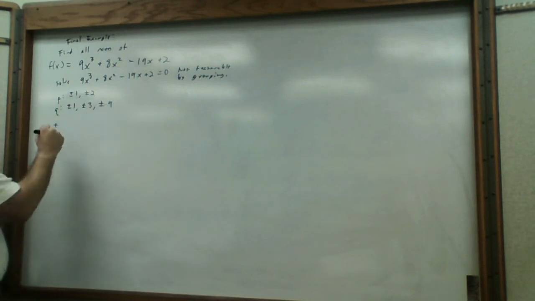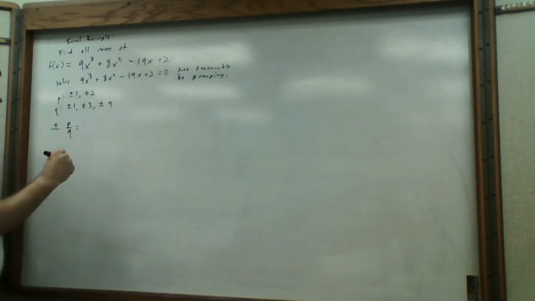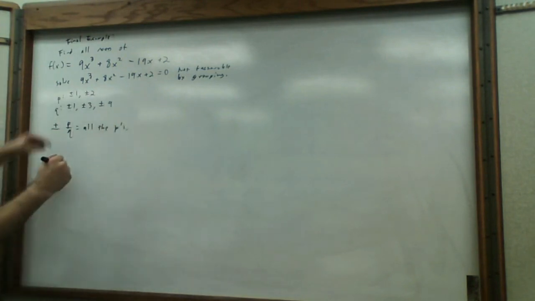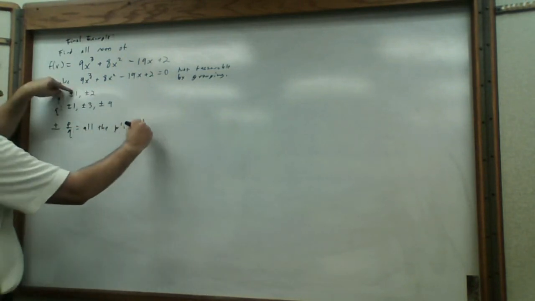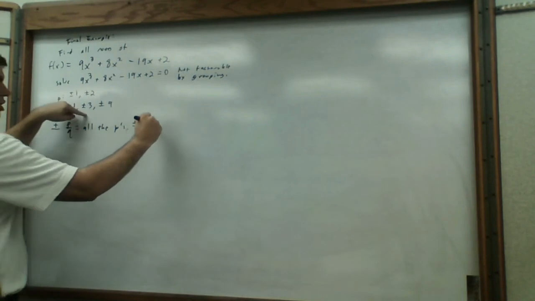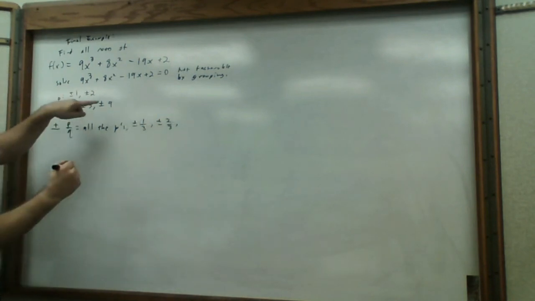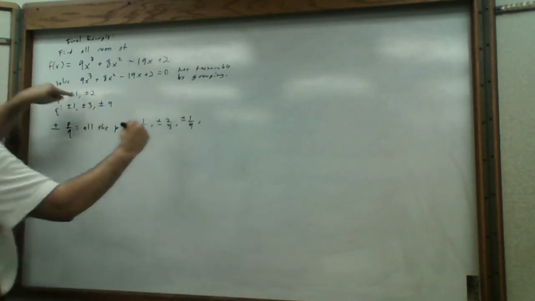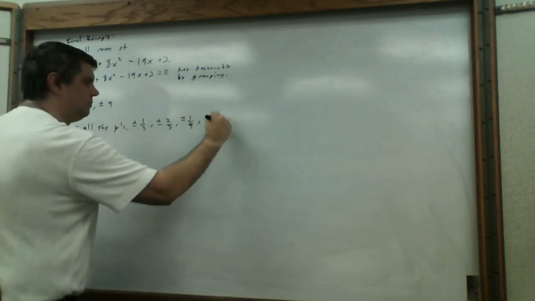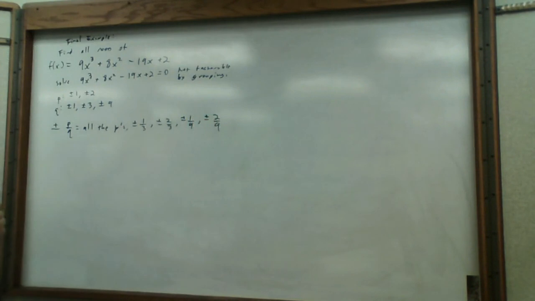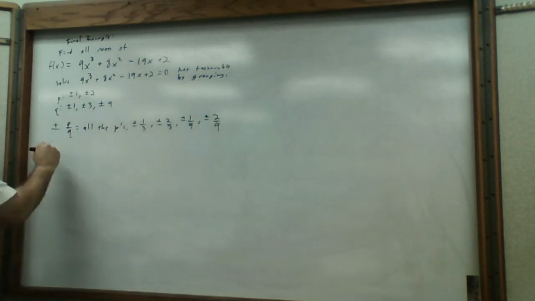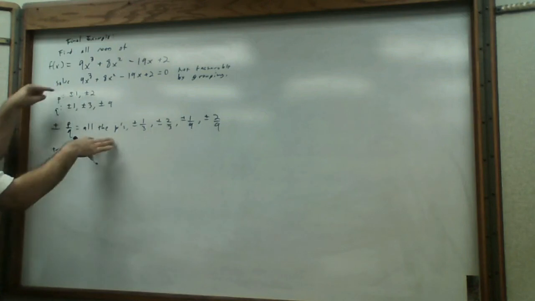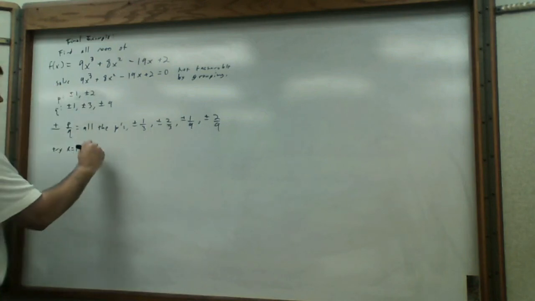So plus or minus P over Q is all the P's and plus or minus 1/3, plus or minus 2/3, plus or minus 1/9, and plus or minus 2/9. So we'll try x equals 1. We'll start with the P's: 1, then negative 1, 2, then negative 2.